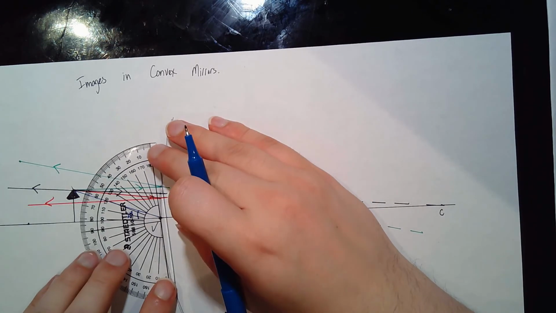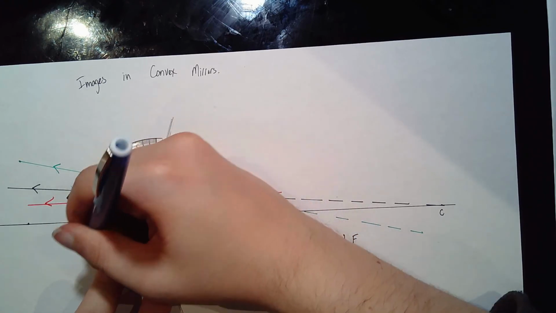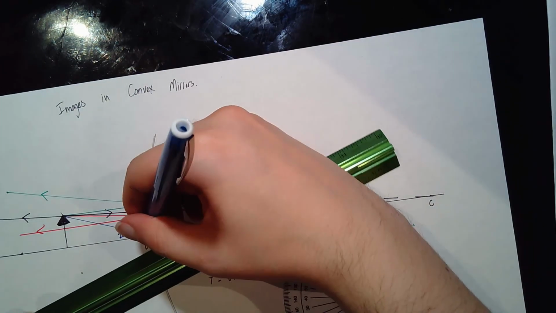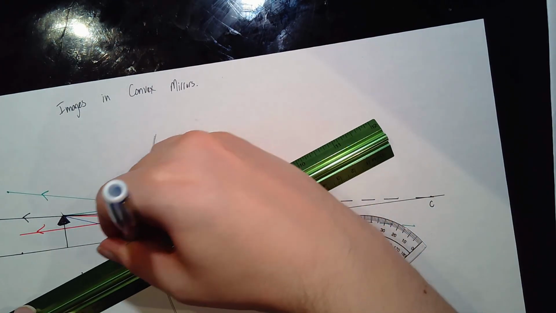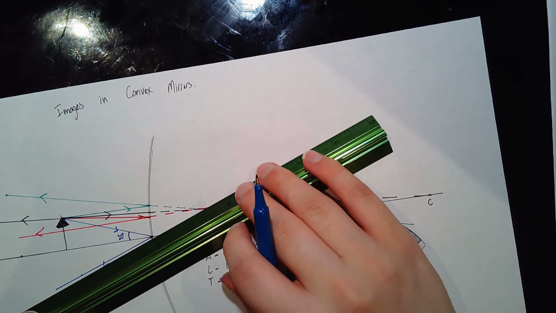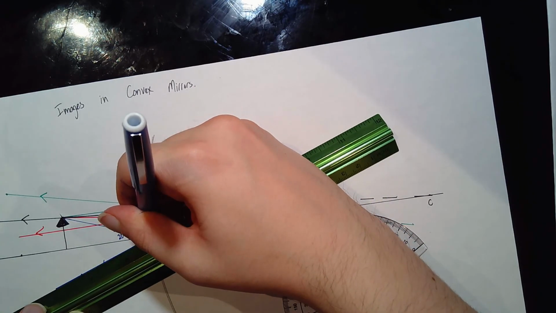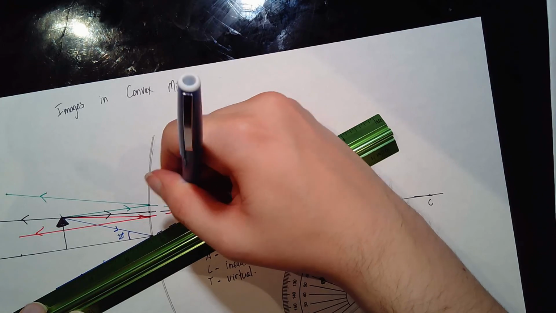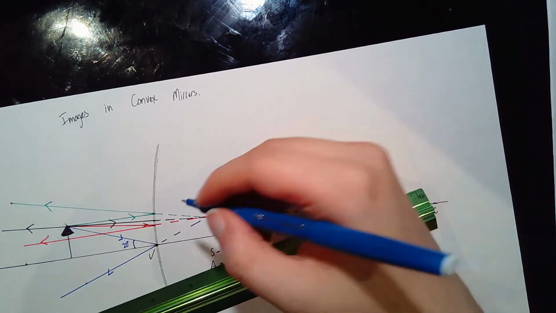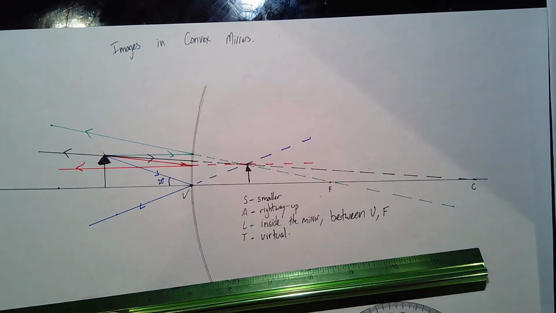And so I'm just going to put that exact same angle on the other side, and use a ruler to connect it. Draw some arrows. And then same thing, I'm just going to extend this reflected ray back into the mirror. And we see again, it intersects in exactly the same place. Science works, and we're happy.